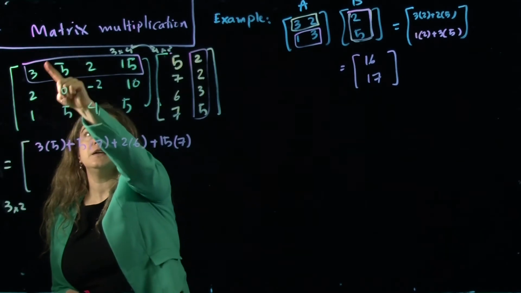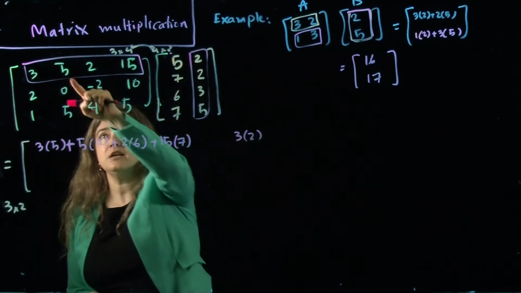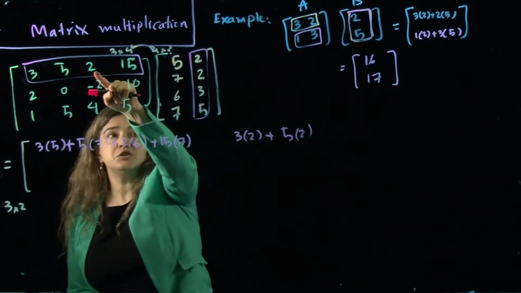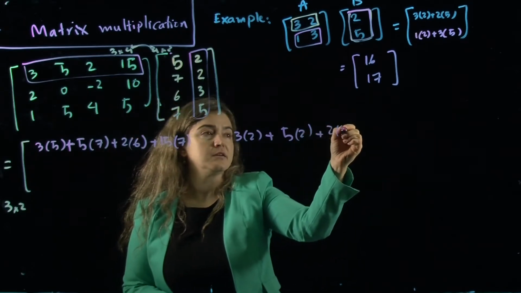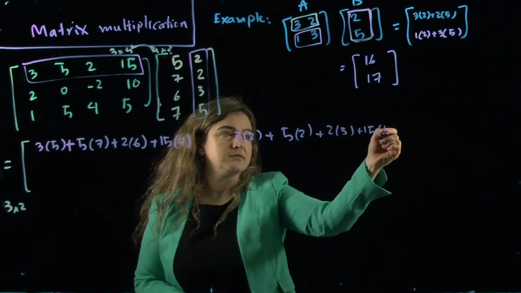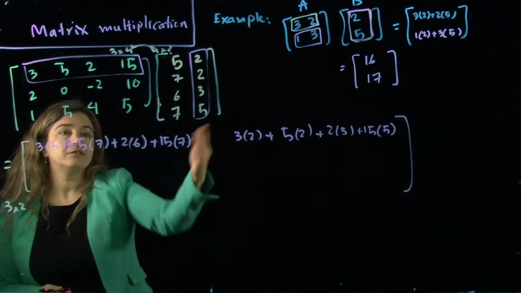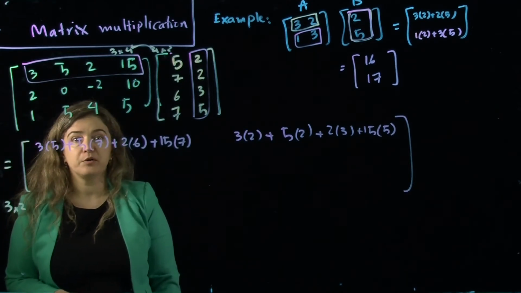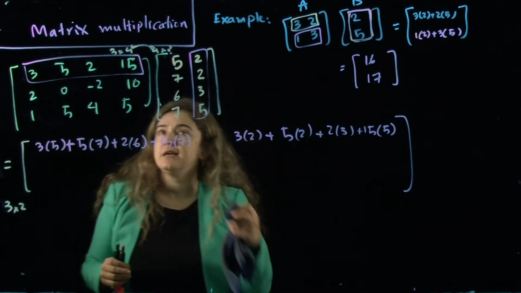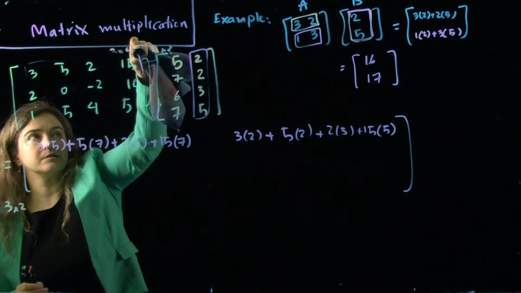And multiply. 3 times 2, that's the first entry times the first entry. 5 times 2. 2 times 3. 15 times 5. And I ran out of the columns in the second matrix. So I start with the second row, and the second row of the resulting matrix as well.